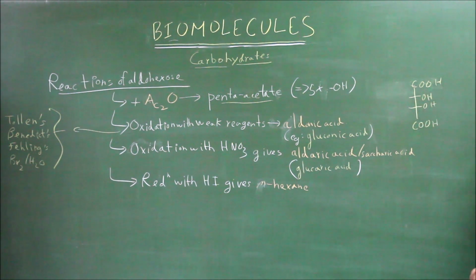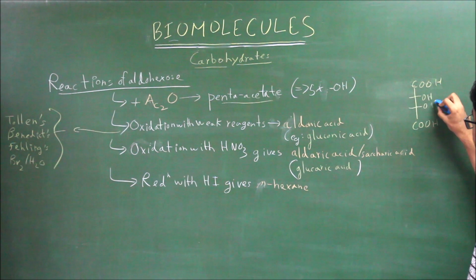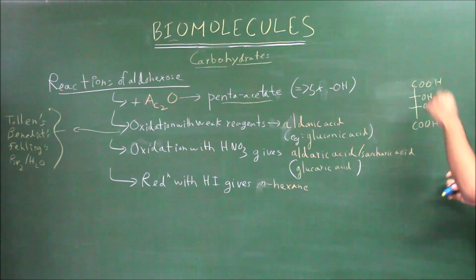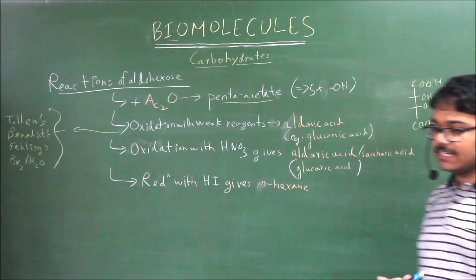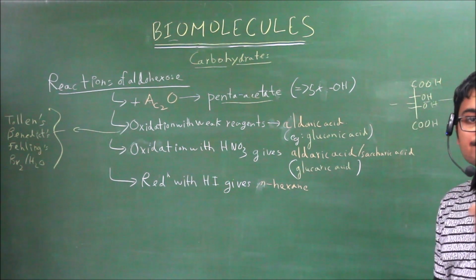This, I hope you are all aware, is tartaric acid. Okay, so you can see quite clearly how even tartaric acid is actually a kind of monosaccharide. It's just oxidized at both ends. And also you can see that this is meso. It carries a plane of symmetry.